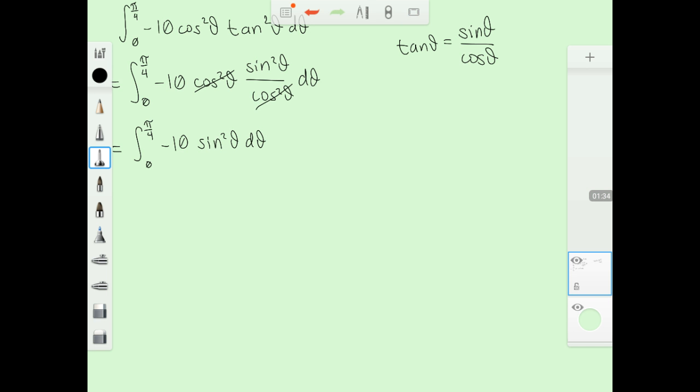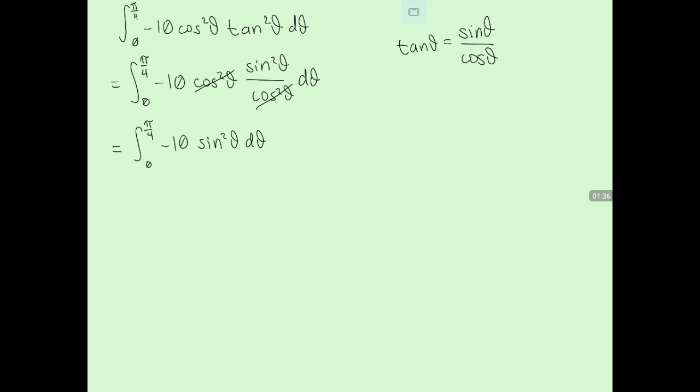And now if we recall our double angle formula, we know that cosine 2 theta equals cosine squared theta minus sine squared theta.